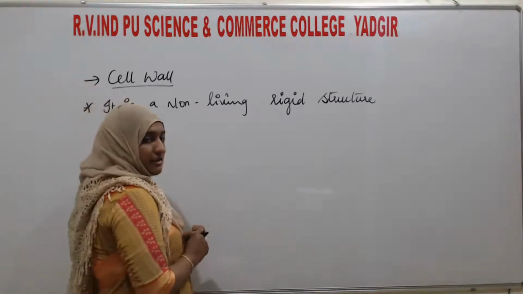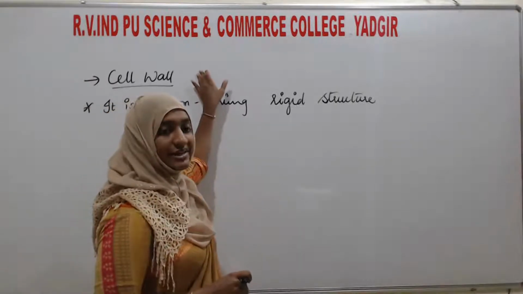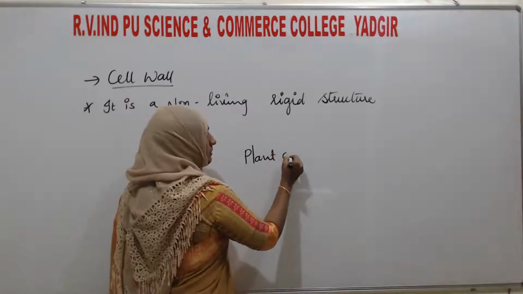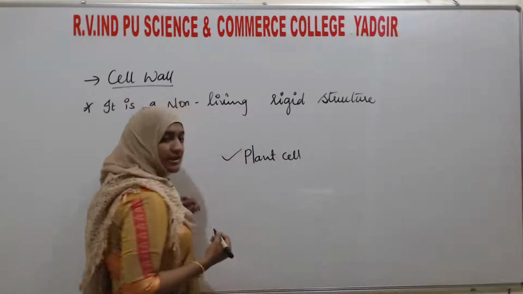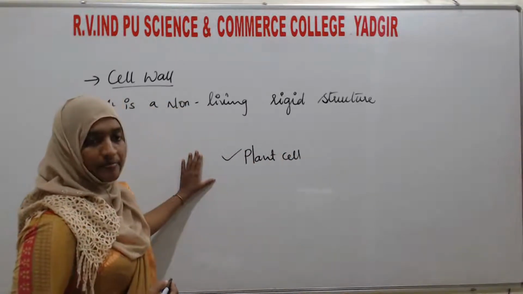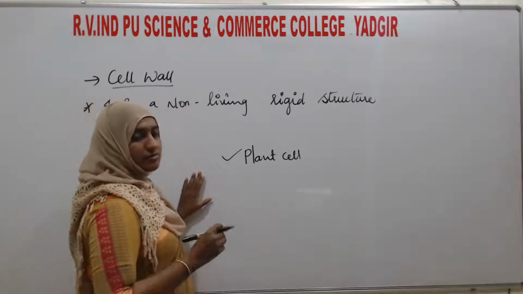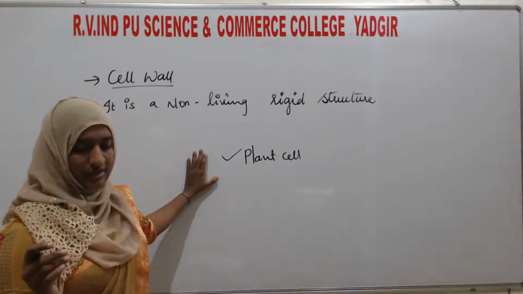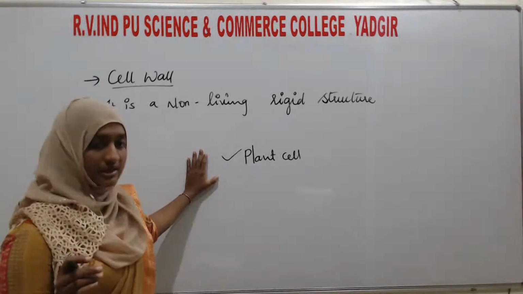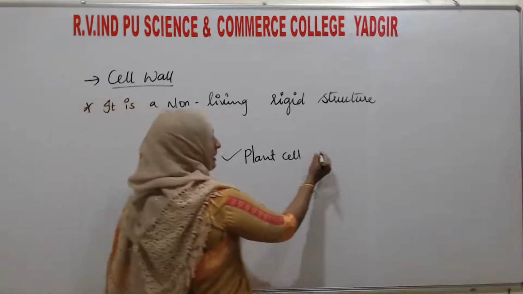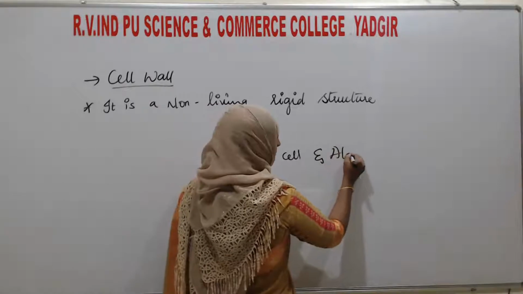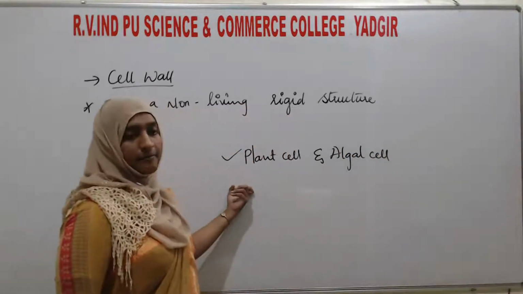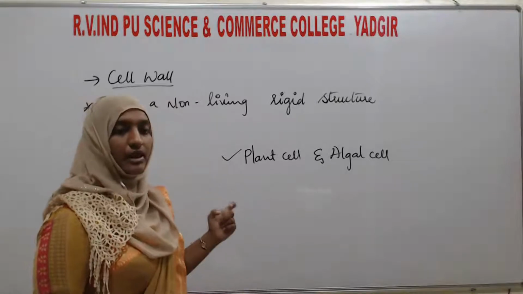The cell wall is present in the plant cell. But not only in the plant cell, also in some fungi and some algae. In the plant cell and algal cell, you will find a cell wall.